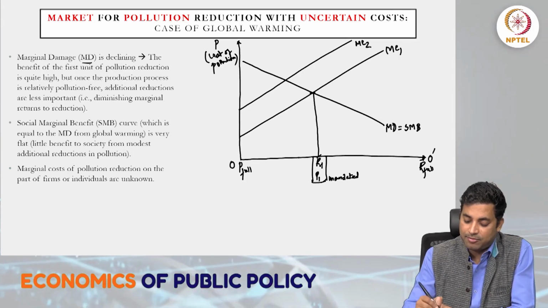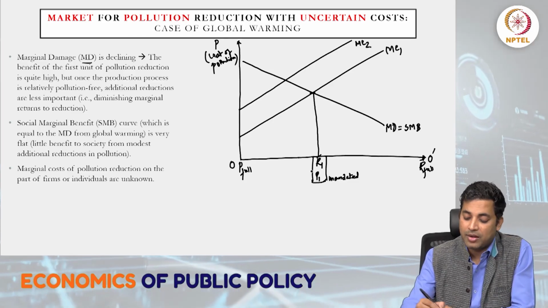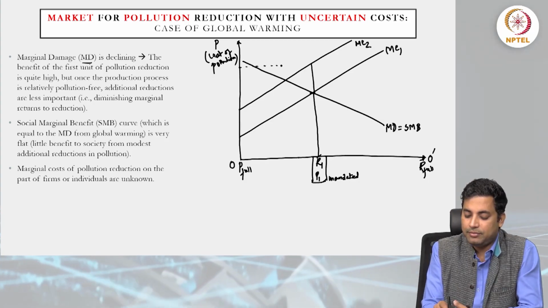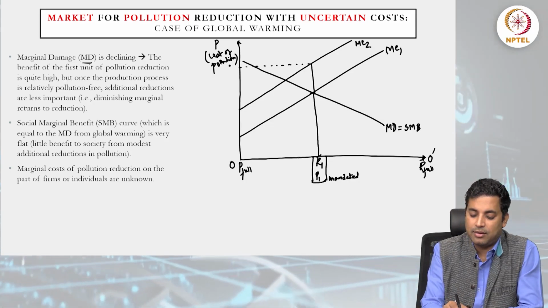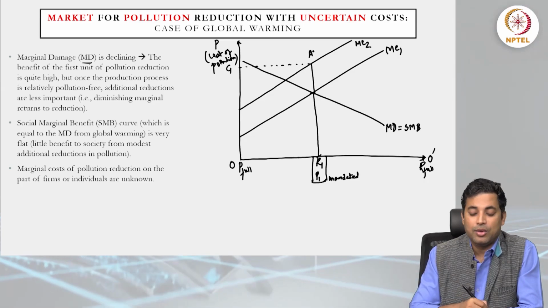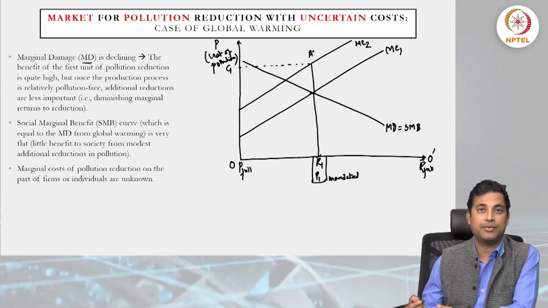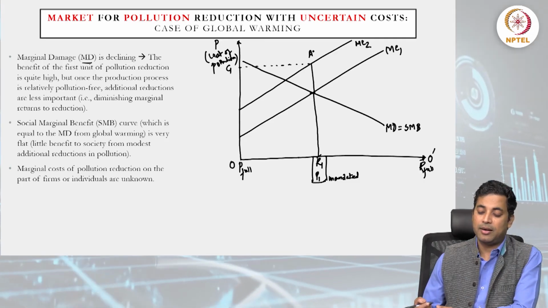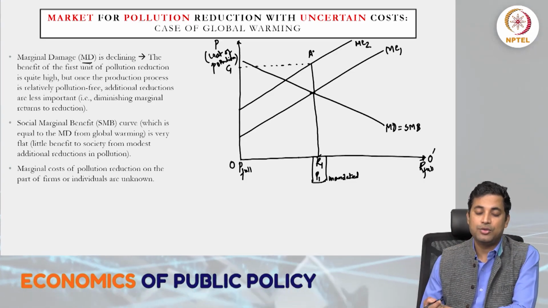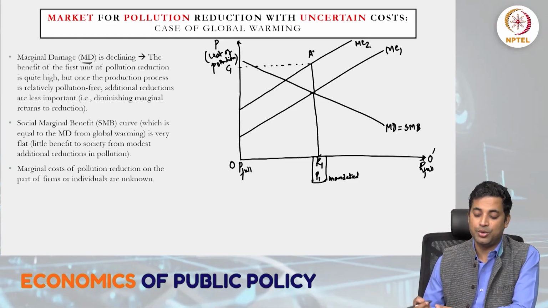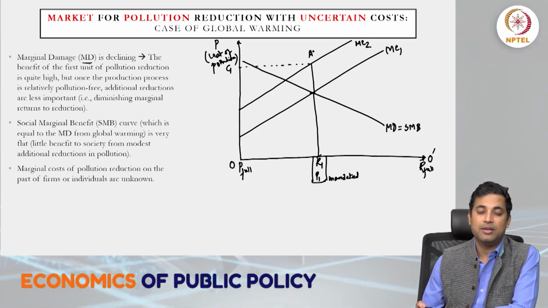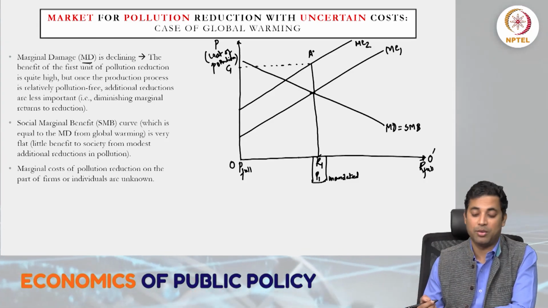Say at this point, at R1, the total cost at R1 is going quite high, which is the C1 level, and say this is point A. So with the high level of marginal cost, at OR1 amount of pollution reduction, the mandated level, the cost incurred to achieve it is OC1 amount.